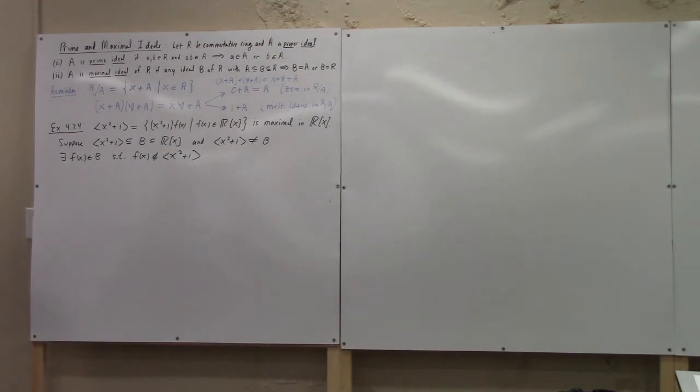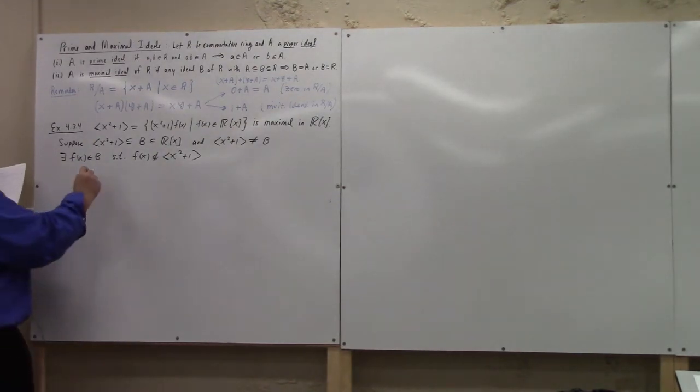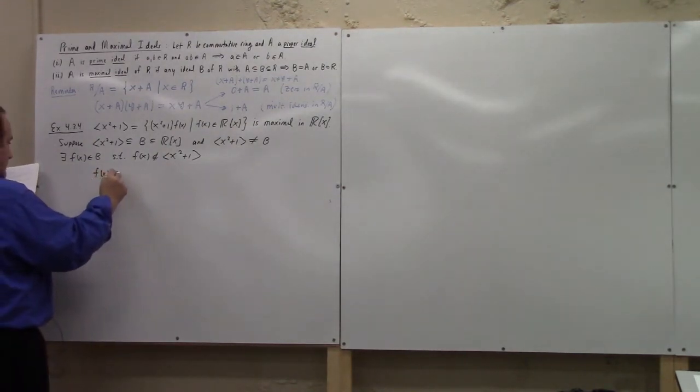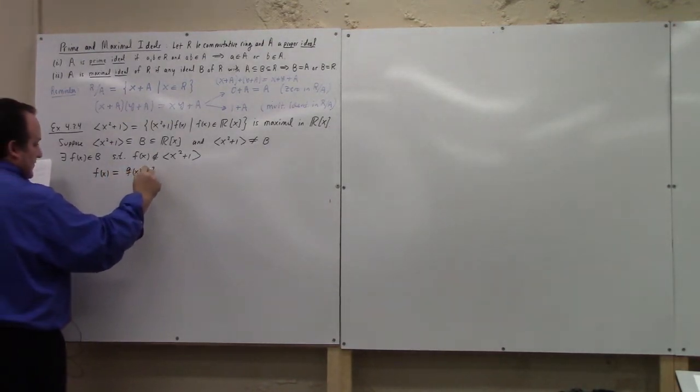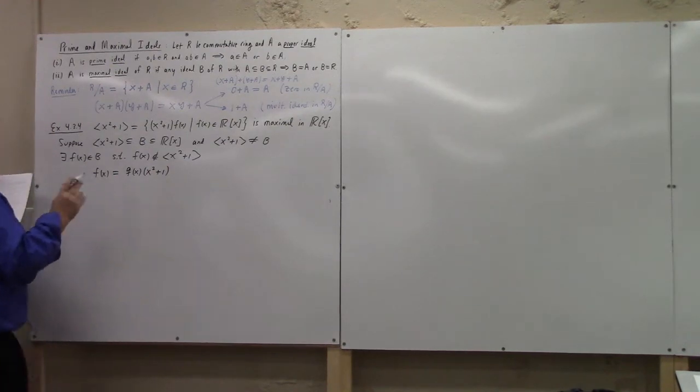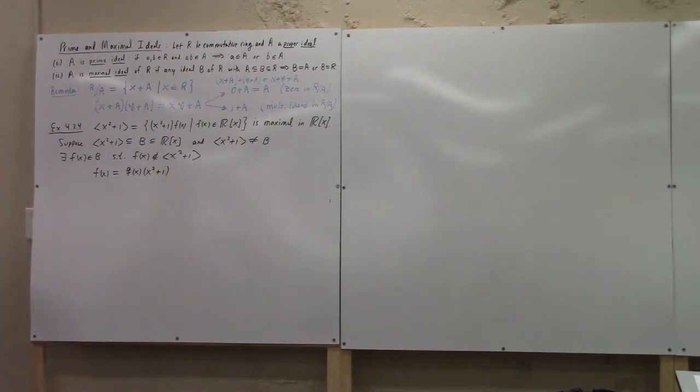So by the division algorithm, we have f of x is equal to q of x times x squared plus 1, but that's not it. If I look at the division algorithm of f of x divided by x squared plus 1, if the remainder was 0, that would contradict what I've already said, because that would mean that f of x is in fact in the ideal generated by x squared plus 1.